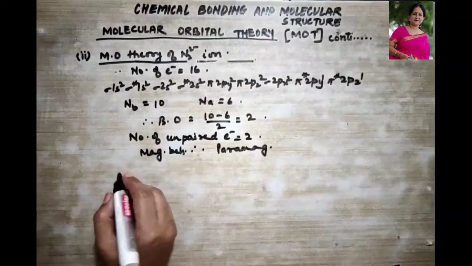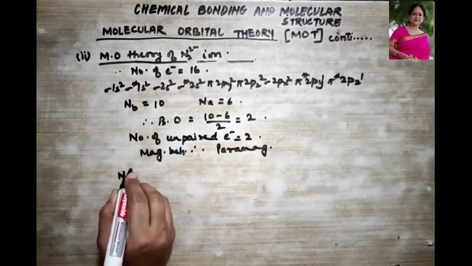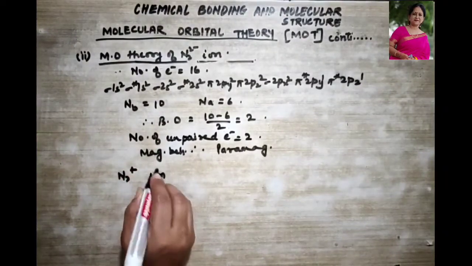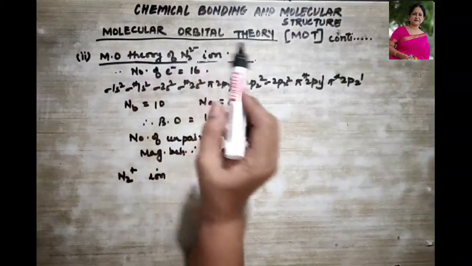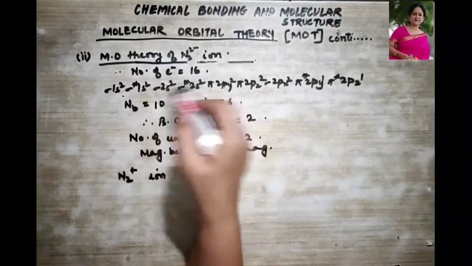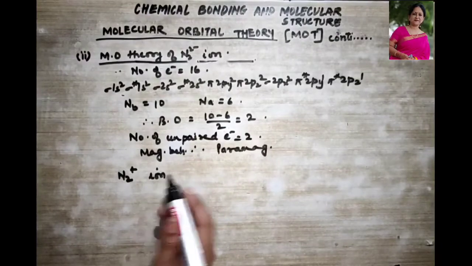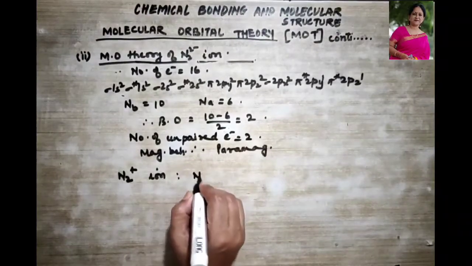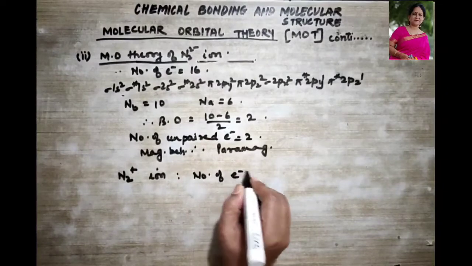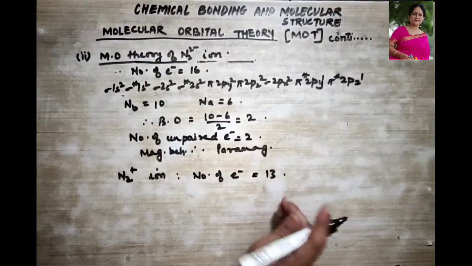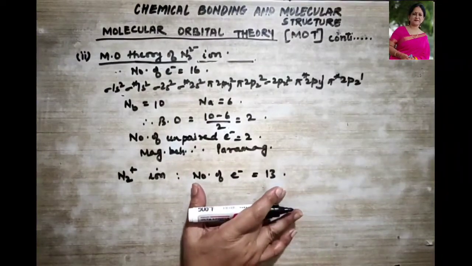Now you are going to find out for N2+ ion. You have to find out the configuration for N2+ ion, where the number of electrons is how many? 13. Okay, so you are going to do the configuration.